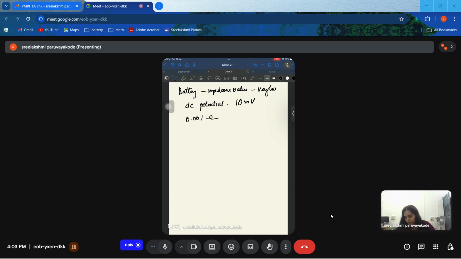So what is going to be the output response? We know I will be nothing but V by Z. This is going to be the output response in terms of current. So 10 millivolt divided by 0.001 ohm, so it is 10 amp.